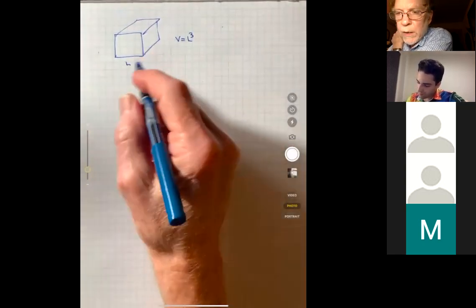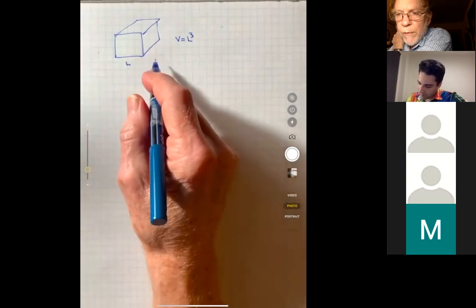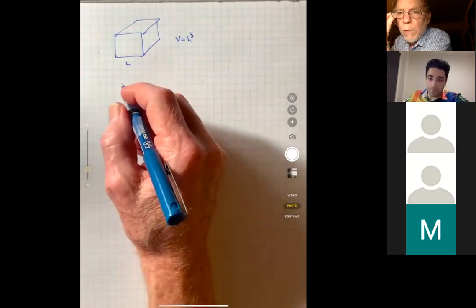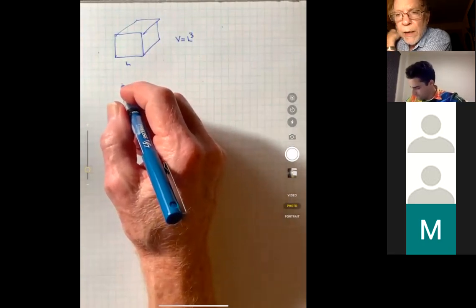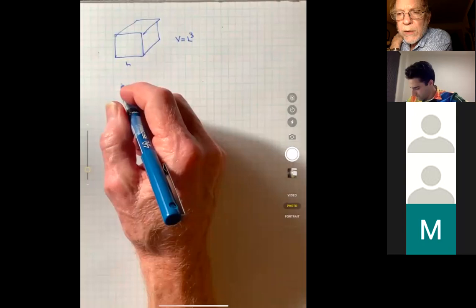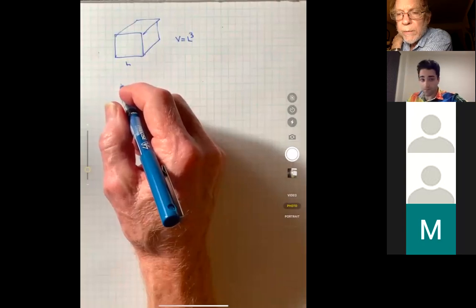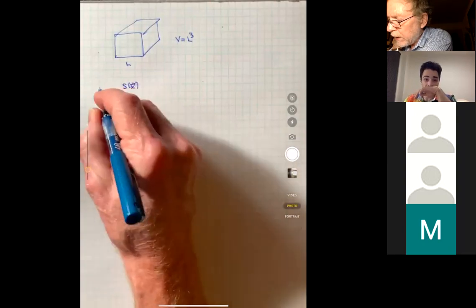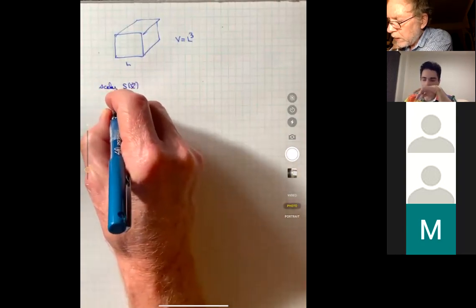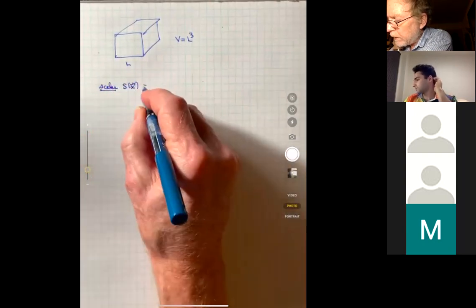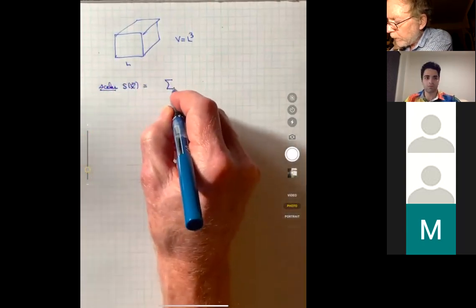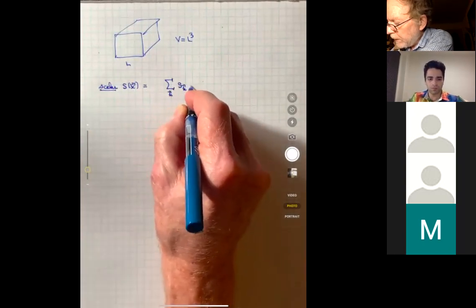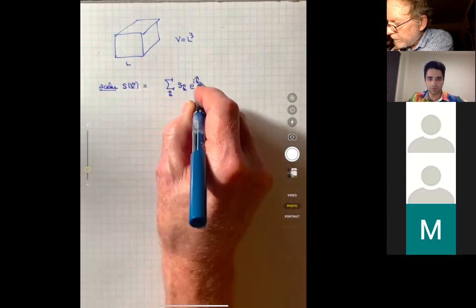So we've seen the details of the box normalization in the past. Since all the physical quantities are now periodic, they're not expanded in Fourier integrals, but rather in terms of Fourier series. For example, if S(x) is a scalar field, which we'll assume is periodic, we can write it as a Fourier series where we sum over k values of coefficients I'll call S_k times e^{ik·x}.